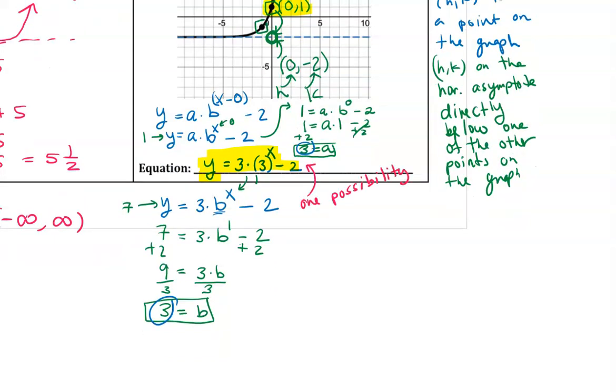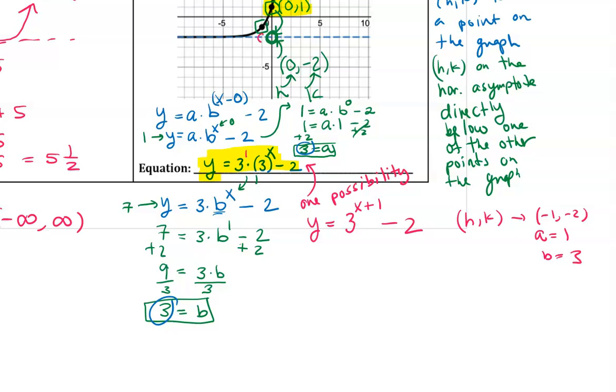I won't go into details about how, but I'll point out this a is to the first power and these bases match. So another possibility would be y equals 3 to the power of x plus 1, minus 2. If you wrote this equation, this would have been if h and k was -1, -2, and in that scenario, a is 1 and b is 3.